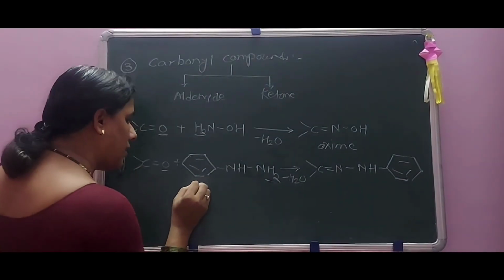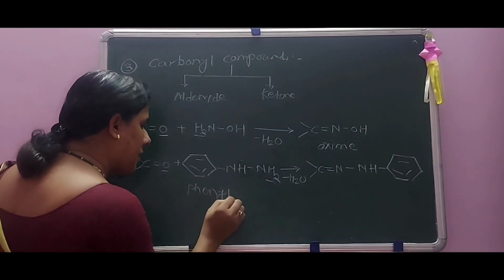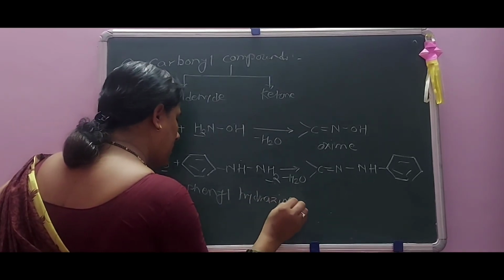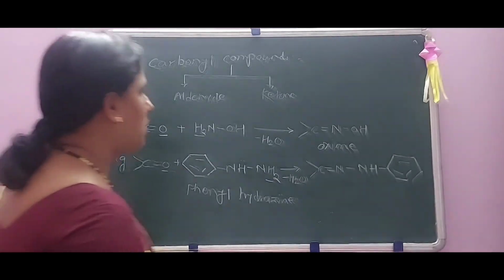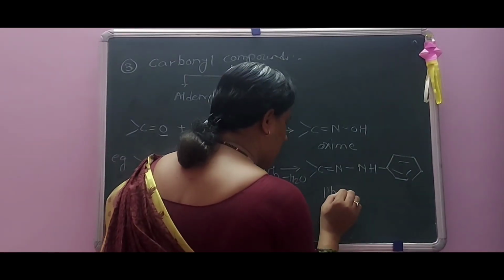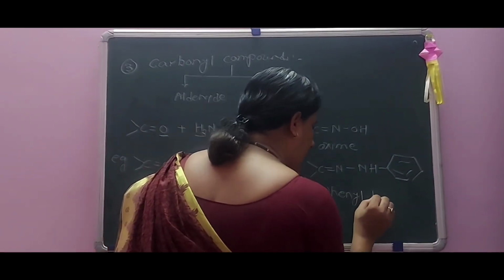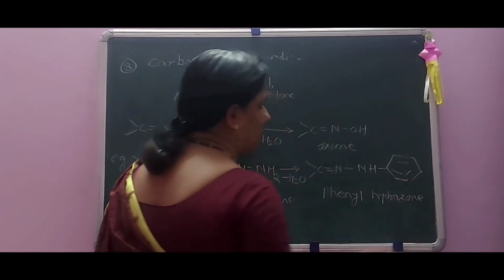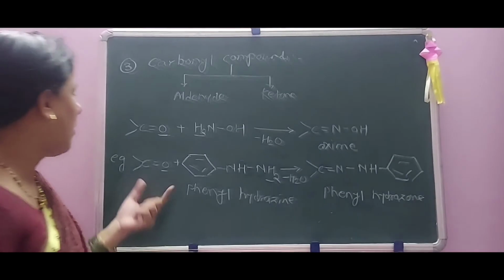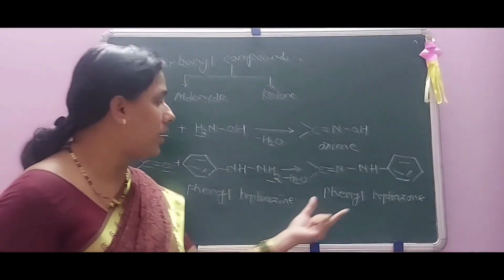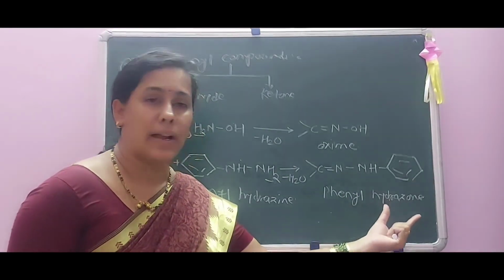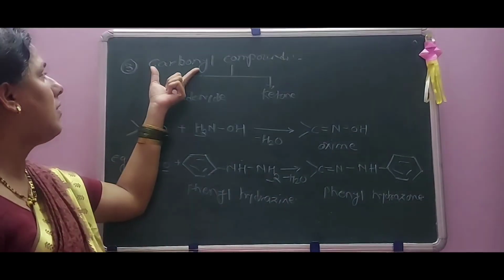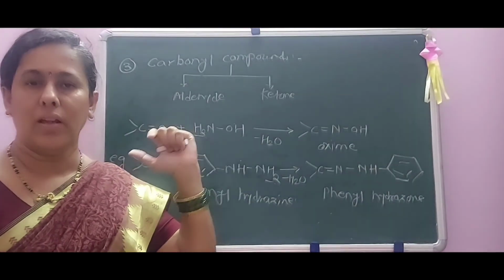This is phenylhydrazine, and there is formation of phenylhydrazone. If the alkaloid containing the carbonyl group gives a phenylhydrazone or an oxime, we confirm that the given alkaloid contains the carbonyl group.